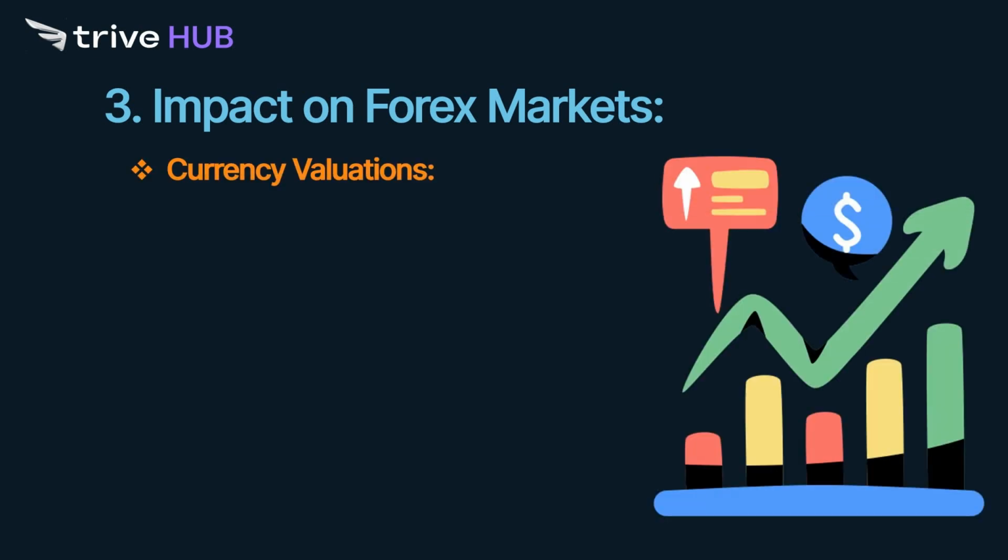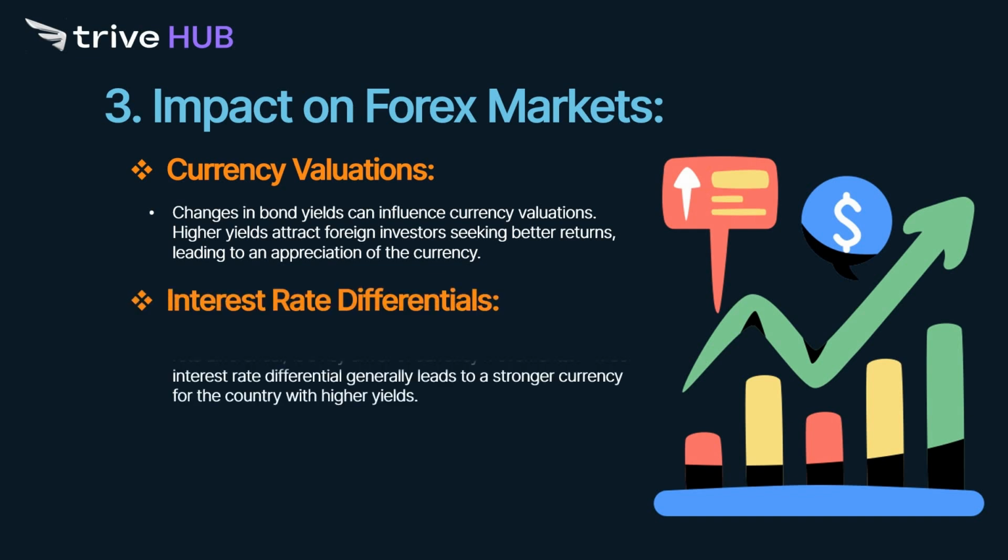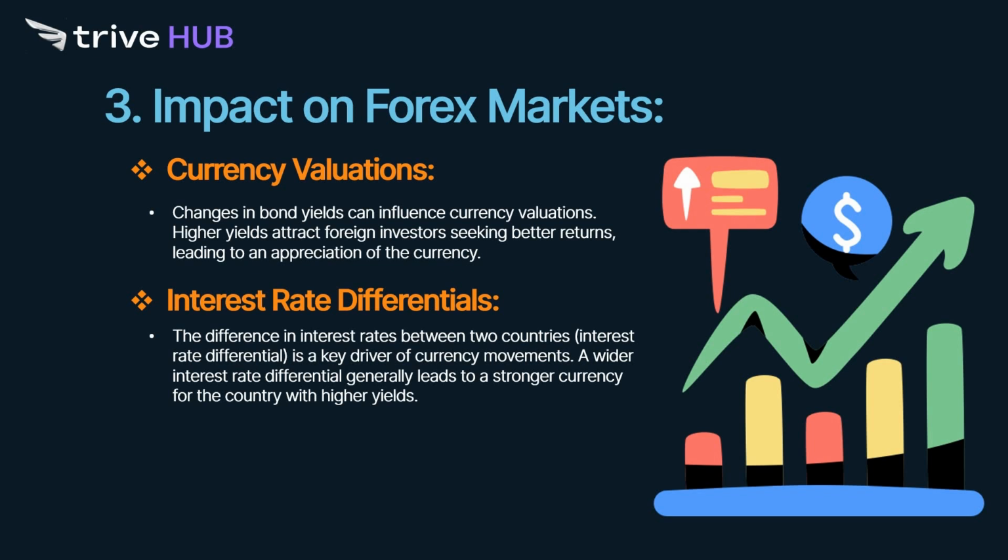First is currency valuations. Changes in bond yield can influence currency valuation. Higher yields attract foreign investors seeking better return, leading to an appreciation of the currency. Next one is interest rate differentials. The difference in interest rate between two countries is the key driver of currency movement.